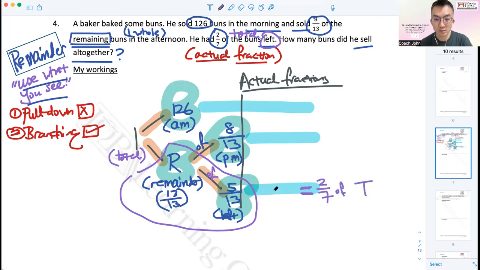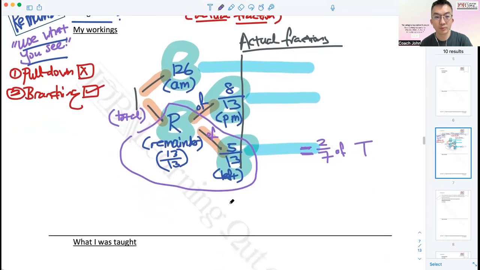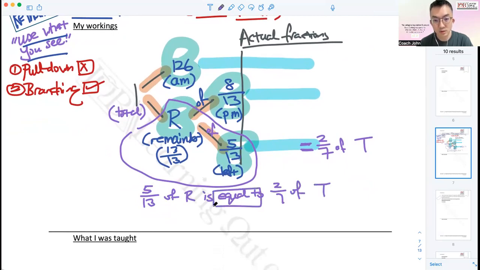So if I just put this over here to make it easier for you, you just ignore what I was talking about. Okay, so 5 out of 13 of remainder is equal to 2 out of 7 of T. What is this keyword?